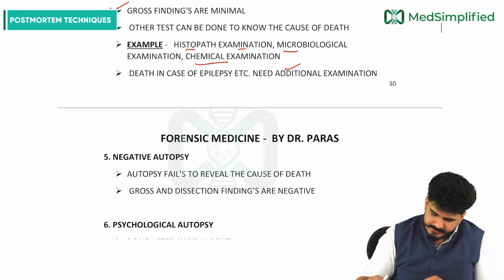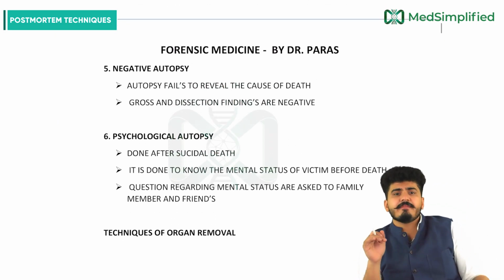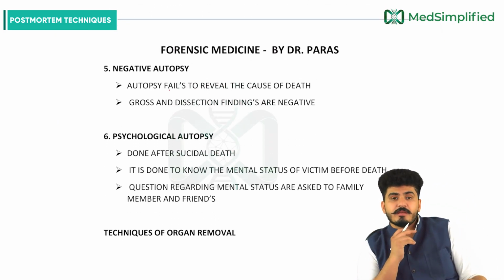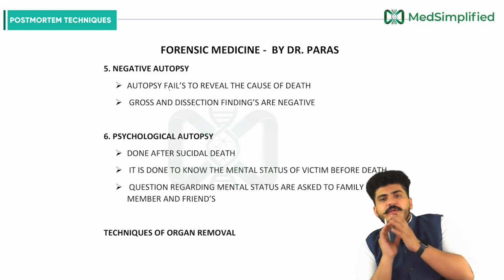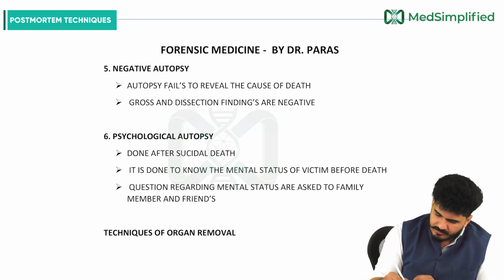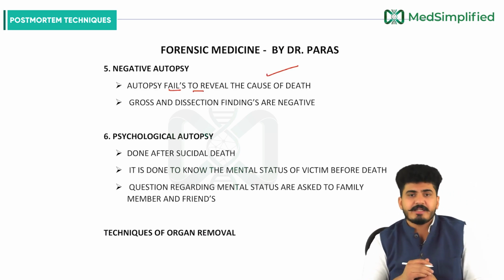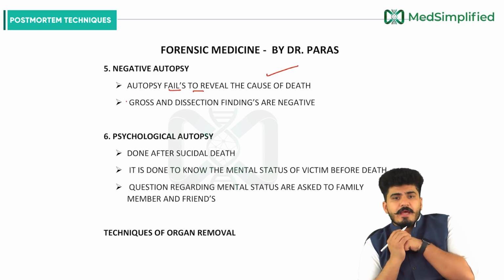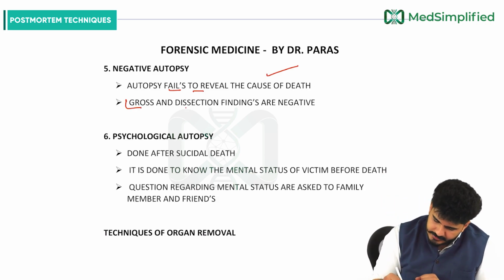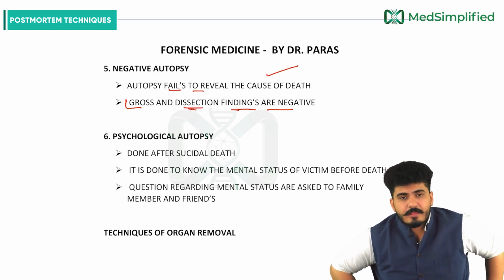Coming to the next thing, the negative autopsy. Negative autopsy, the word itself is telling you something. Autopsy here fails to reveal the cause of death; that is a negative autopsy. Gross and dissection findings are negative.